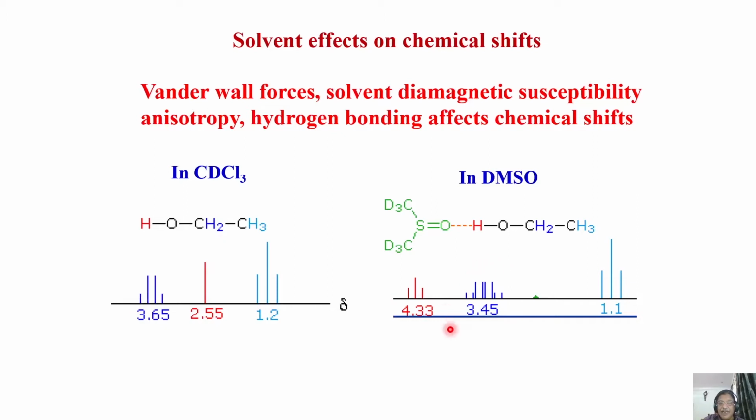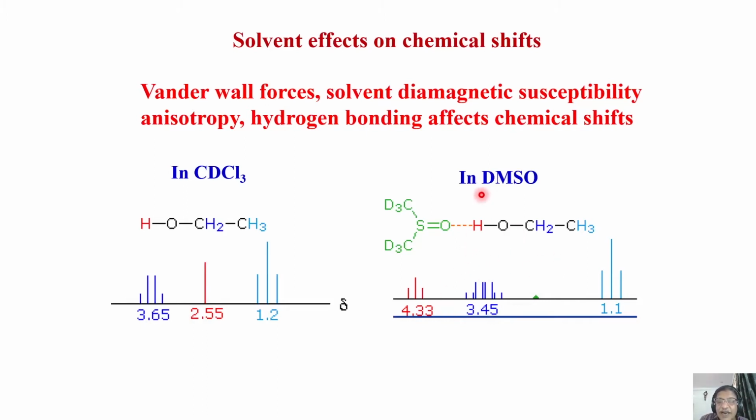Now you look at it, the CH2 moved from downfield to high field, and the OH, which was around 2.5, comes to 4.33 ppm, moved downfield. In addition to that, this OH, which was a singlet, appears like a triplet here, whereas the CH2 was a quartet. Now you see two sets of quartets here. What does it mean?